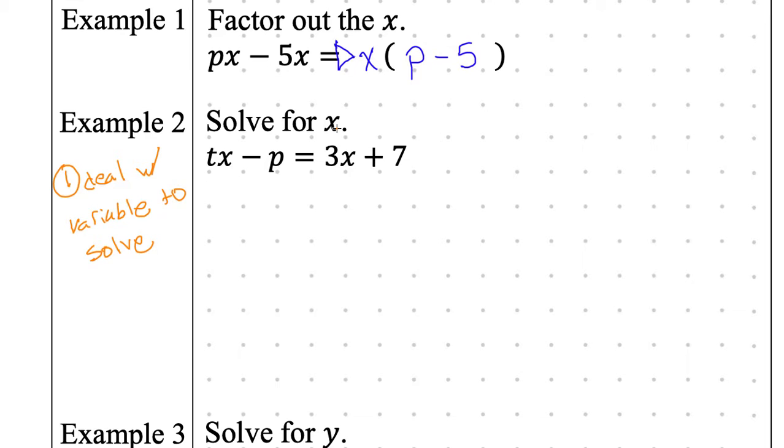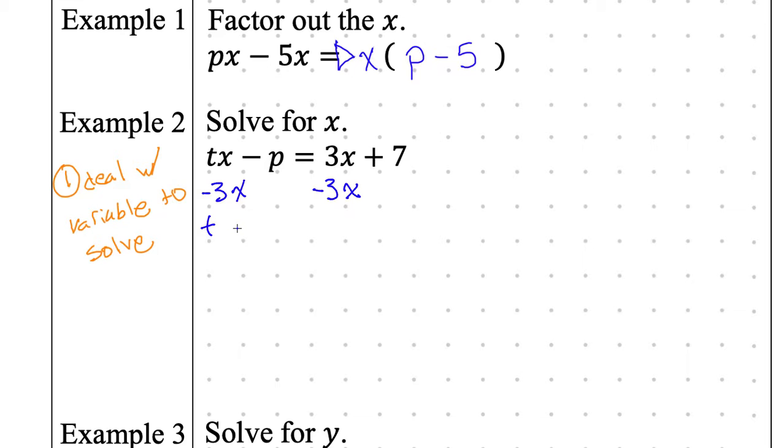Quiet raised hand. What are we going to do to this guy? Oh yeah, Kira. You could do 3x minus 3x and then tx minus 3x and get t minus 3x. Are you saying the quantity of t minus 3 in parentheses x, or are you saying t just minus 3x?